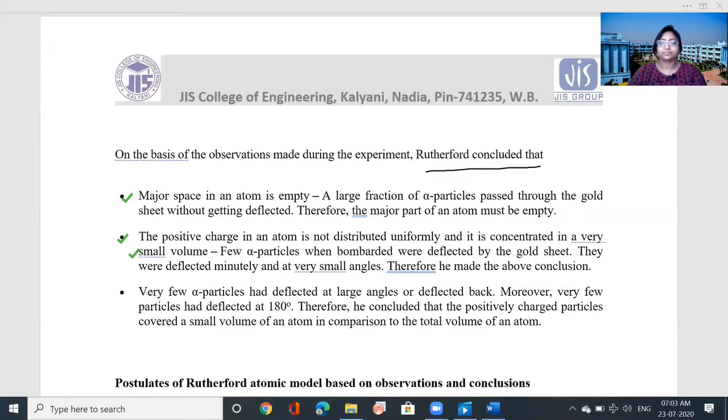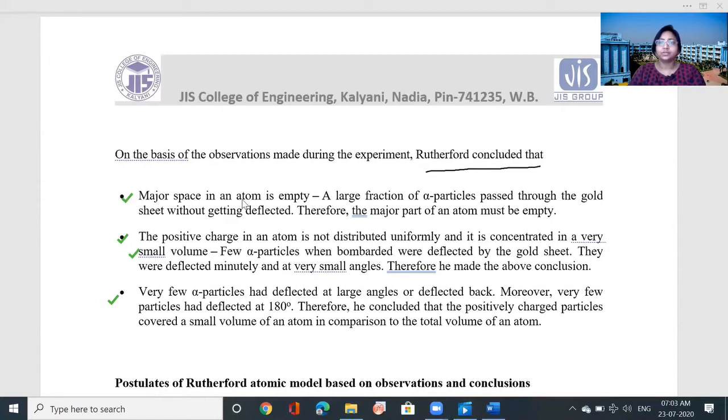Okay. Next, very few alpha particles were deflected at large angles or deflected back. Moreover, very few particles were deflected at 180 degrees. Therefore, he concluded that the positively charged particles cover a small volume of an atom in comparison to the total volume of an atom.